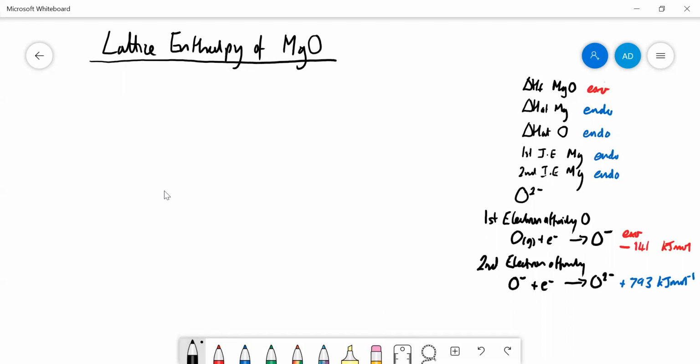Right, I'll just sketch it here. So we're going to start off with our magnesium and oxygen, and it's going to go up and up and up. Then we're going to get the first electron affinity, and it's going to go down. Then we get the second electron affinity, and it's going to go back up again.